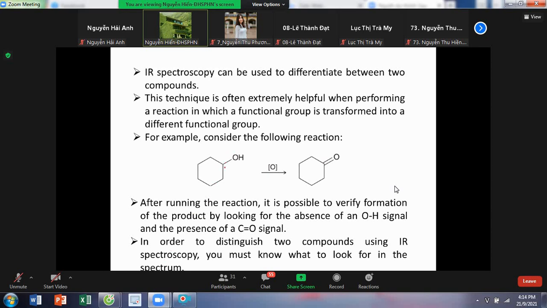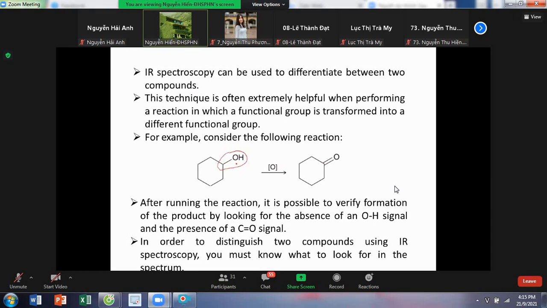So at the beginning, if you start the reaction and after, for example, 1 hour, you take a small amount of your reaction mixture and analyze it with infrared spectrum, of course, you still see some signals of OH because the reaction has not yet been completed. But after 1 more hour, you take another drop of your reaction and analyze it with infrared spectrum.